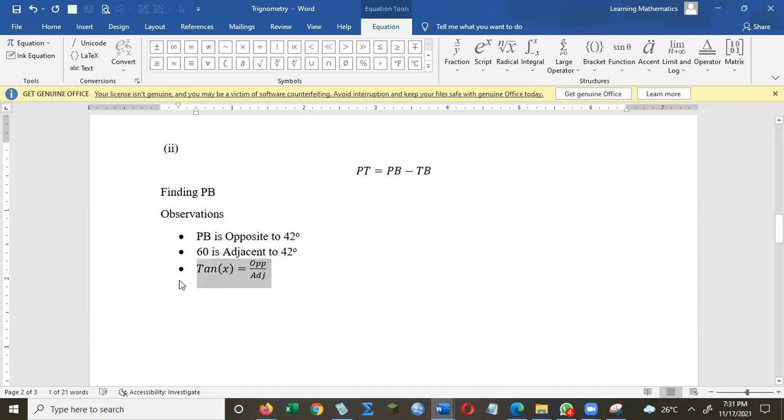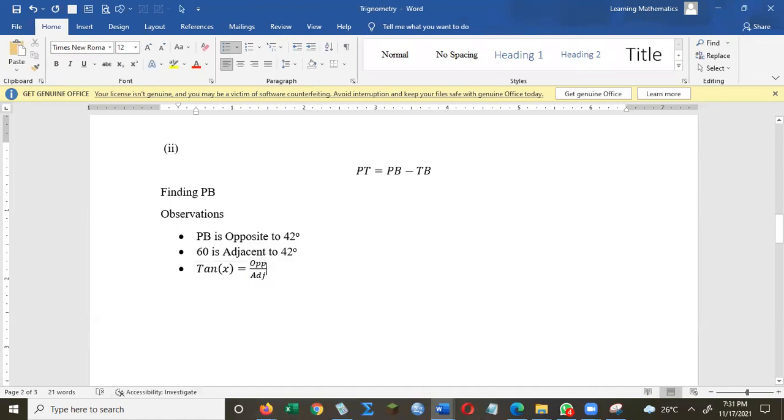And then we substitute. So tan of 42 is equal to opposite, which is what we want to find. The opposite is PB. You can write PB there. And the adjacent is 60.